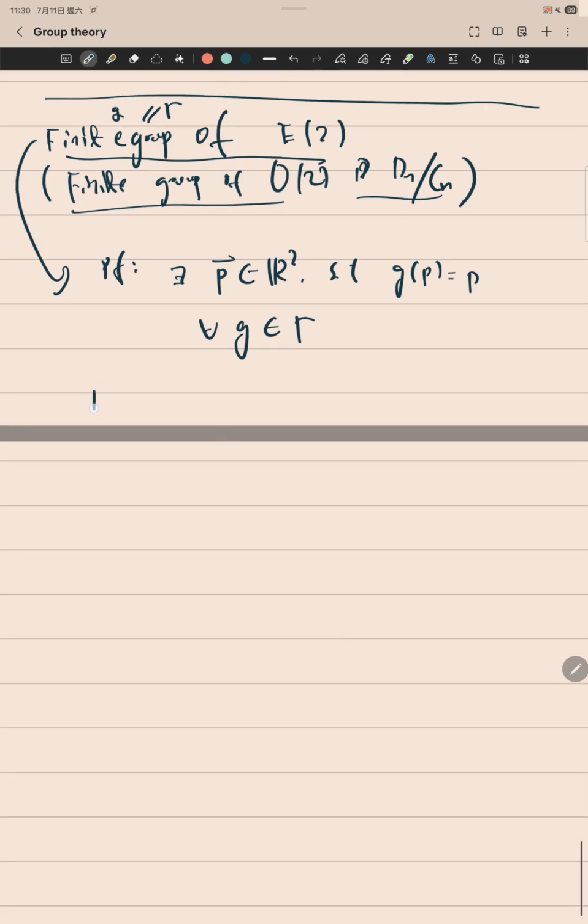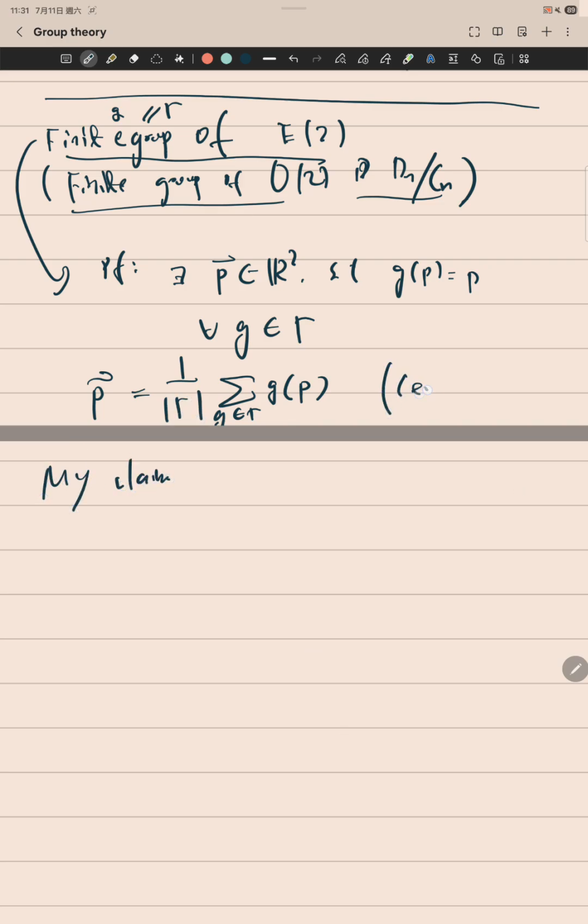The proof is very simple. Let's consider P to be just the centroid, that is, the average of GP over G in gamma, with one over the number of elements of gamma. My claim is that GP equals P for all G belonging to gamma.